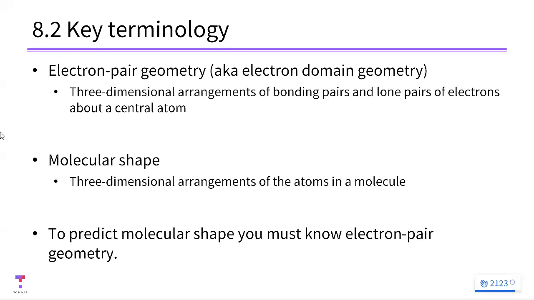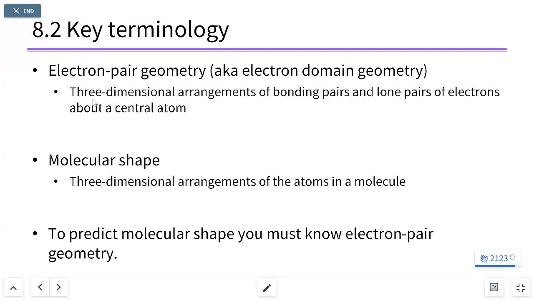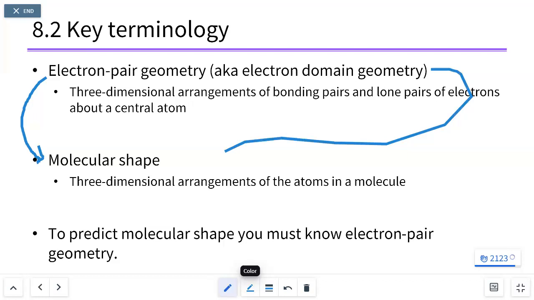Electron pair geometry feeds into something called molecular shape. The difference between a domain geometry and a molecular shape is that the molecular shape takes that domain geometry and says, you know what? We can't really see electrons. We know they're there, we know they influence the shape of the molecule, but we can't see them.